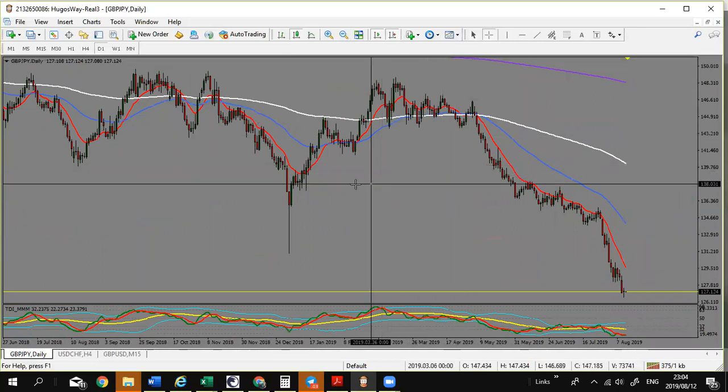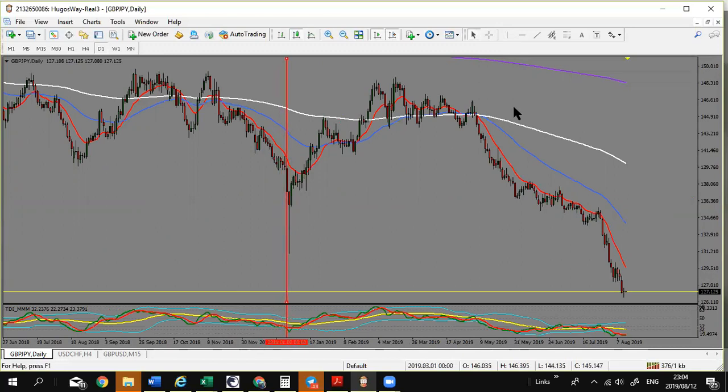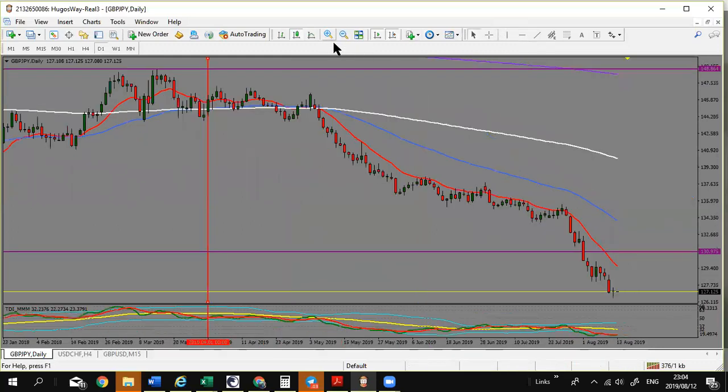Beginning of the year was this candle. So on GJ, same thing.